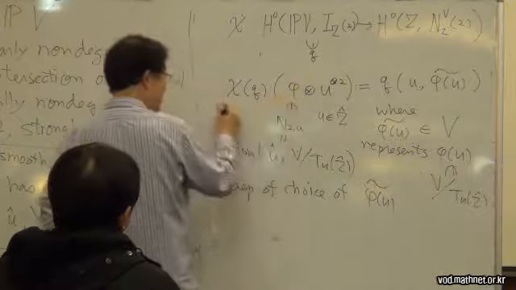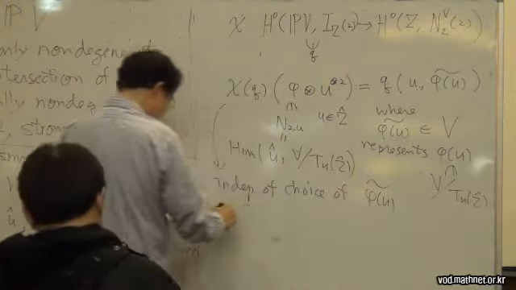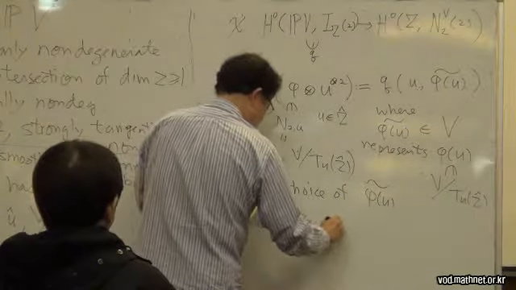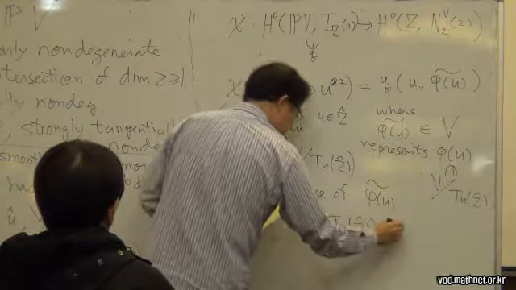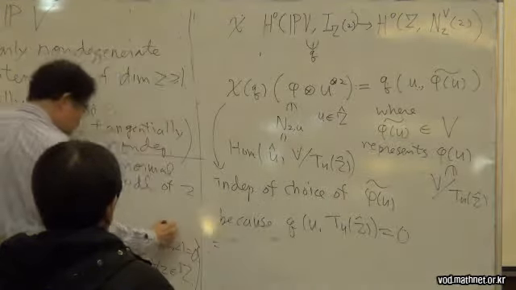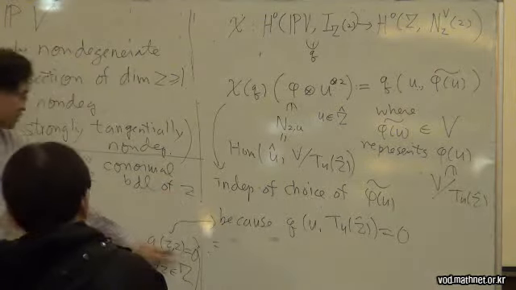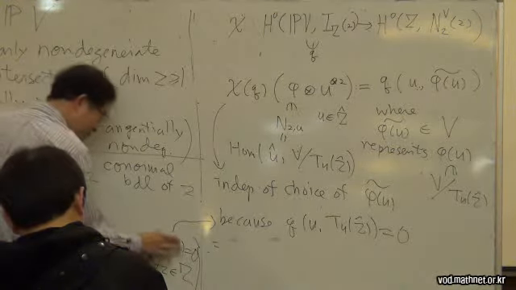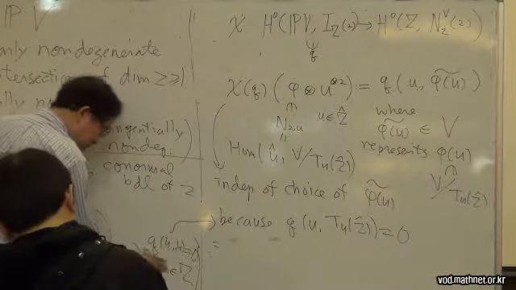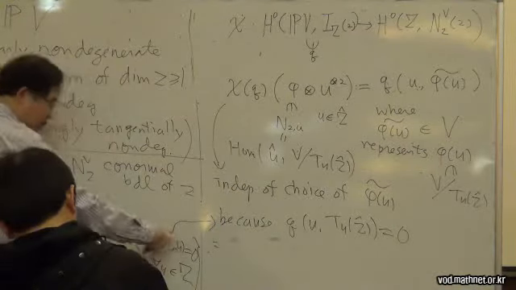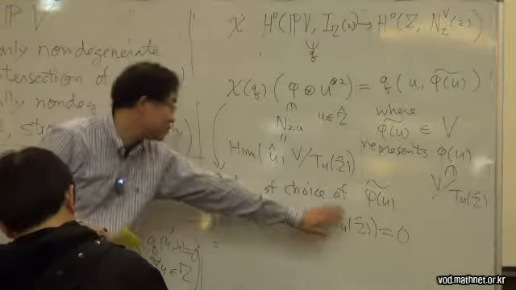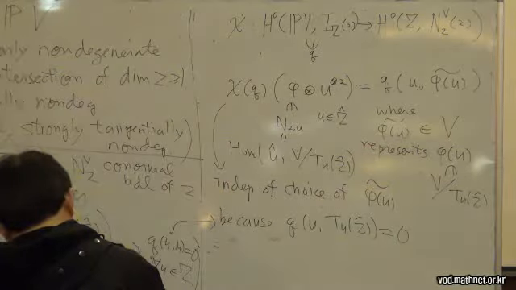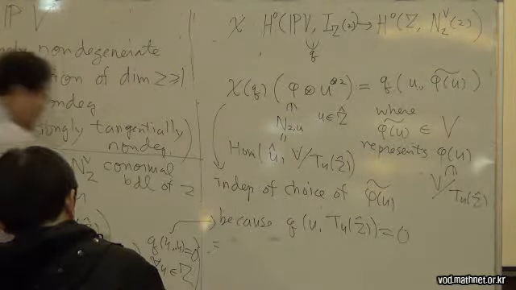But this definition is independent of this choice because by definition Q of U, tangent space T U Z hat equals 0, because Q of z, z equals 0; taking the derivative, you see that this is 0. So this definition is independent of the choice of this representative. So that defines this homomorphism.